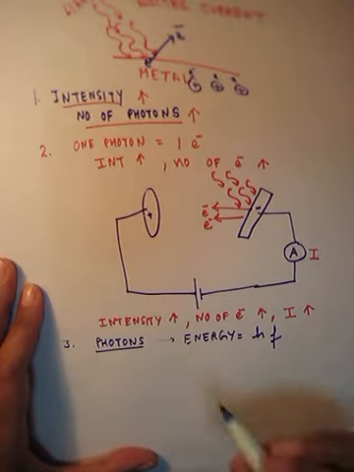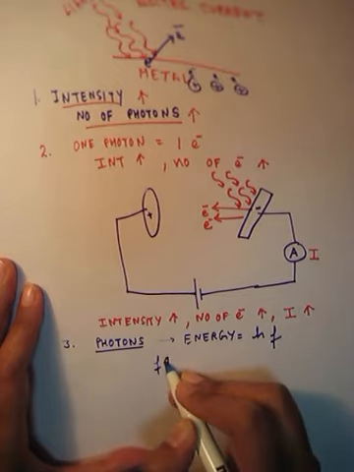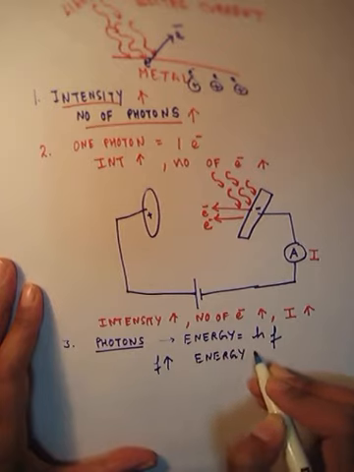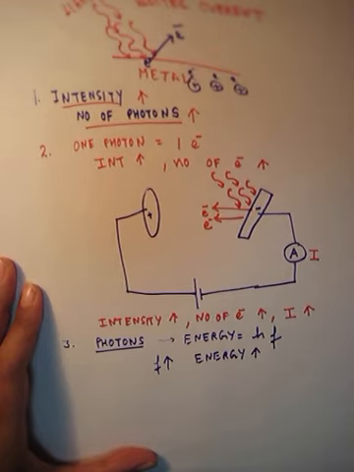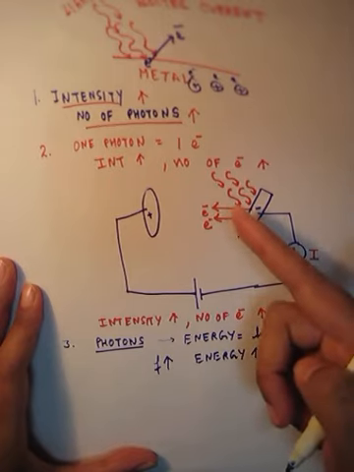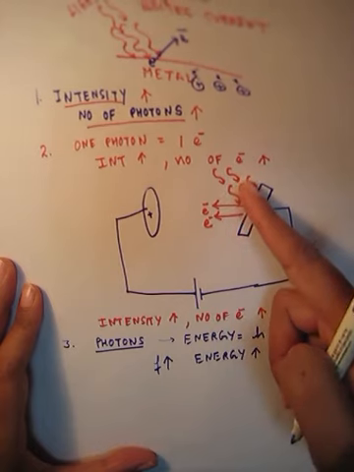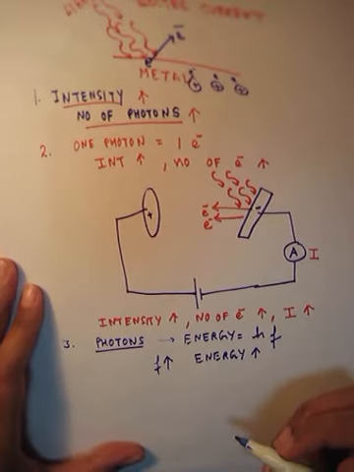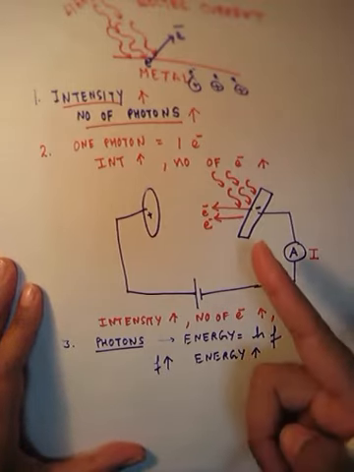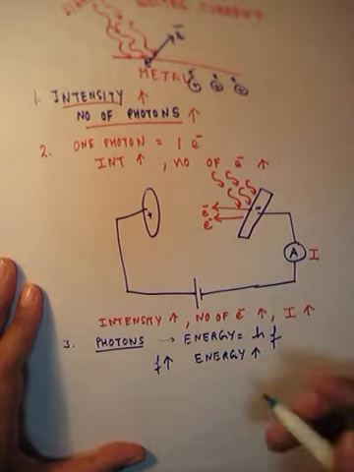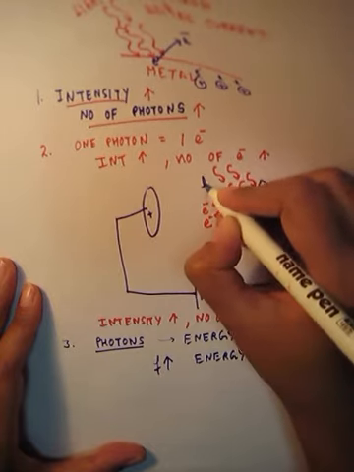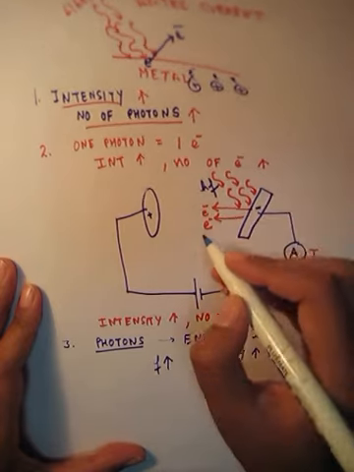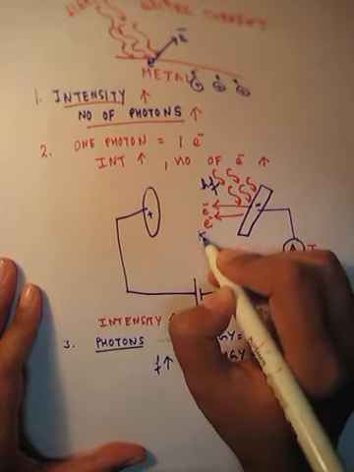So it means that if the frequency of the photon will increase, the energy of the photon will also increase. Okay, so if you want more and more energy electrons, you use more and more energy photons. Let's say now that we are using some energy hf, and the electrons, when they come out, they have some kinetic energy.